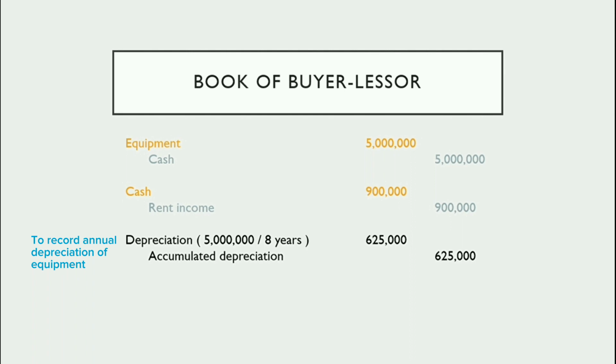Dito gagamitin natin ay ang selling price and i-divide natin siya sa useful life. So 5 million sale price divided by the 8 years na useful life is 625,000. So depreciation, i-debit natin ang 625,000, then credit accumulated depreciation 625,000. So that's all for my report.